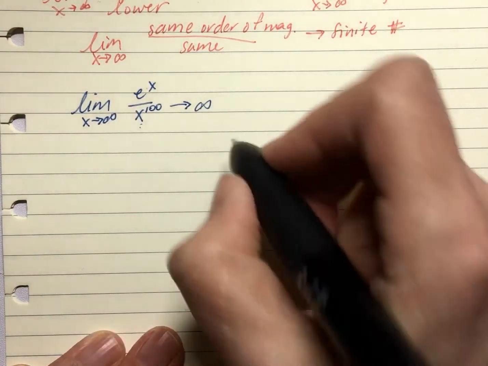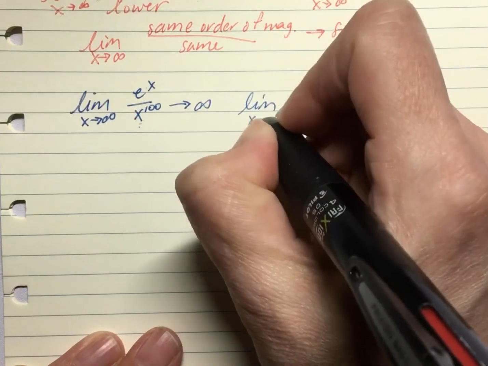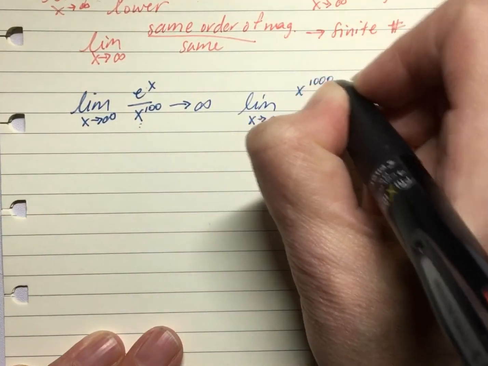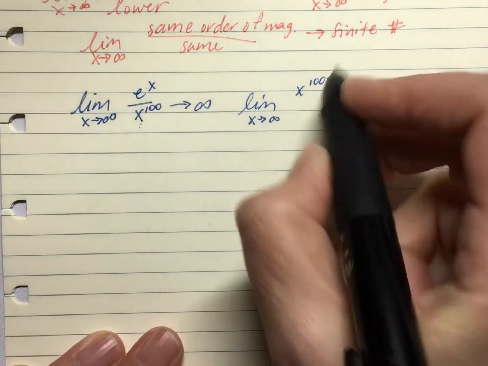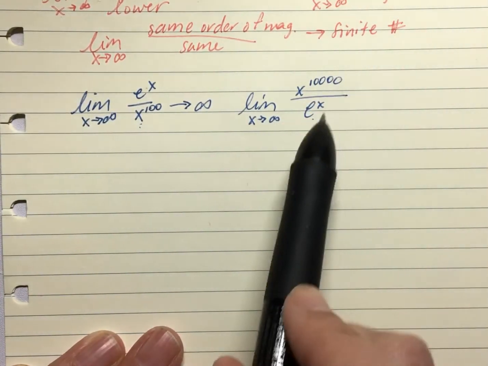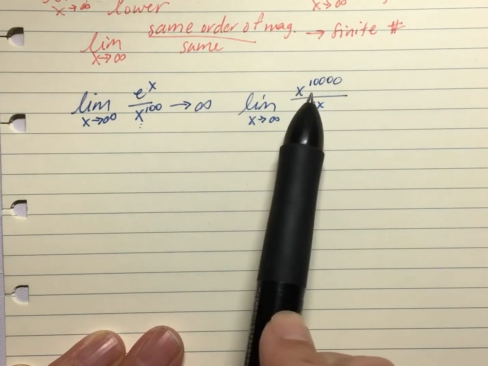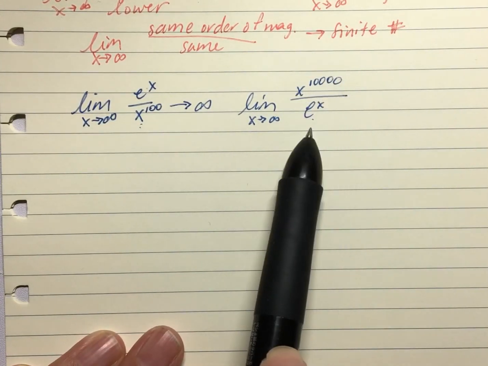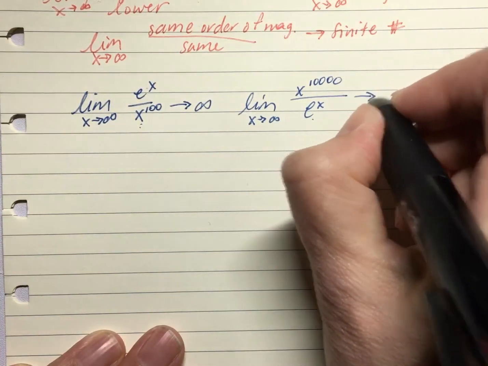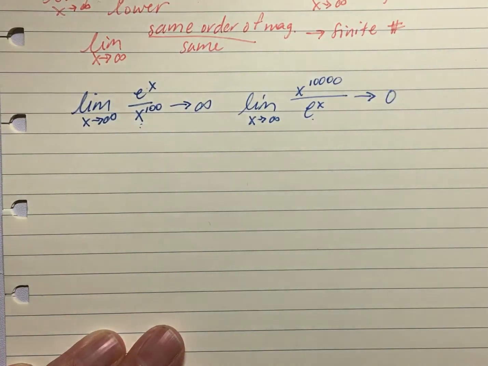If I flip that upside down, so I have x to the 100, or even 1,000 or 10,000 or however big, it really wouldn't matter, over e to the x. If I use L'Hopital a ton of times, eventually I would have the numerator down to a number, and then the denominator would just be e to the x. So a number divided by something big is going to 0.